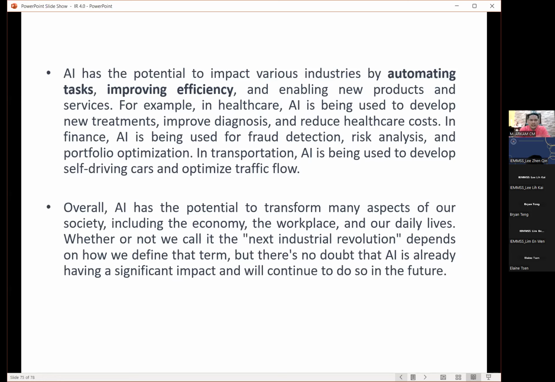So let's see, AI has the potential to impact various industries by automating tasks and improving efficiency, in healthcare for example, and also transportation. AI developed for self-driving cars optimizes the traffic flow, because the cars communicate with each other, with the AI technology inside the road infrastructure communicating to the internet.